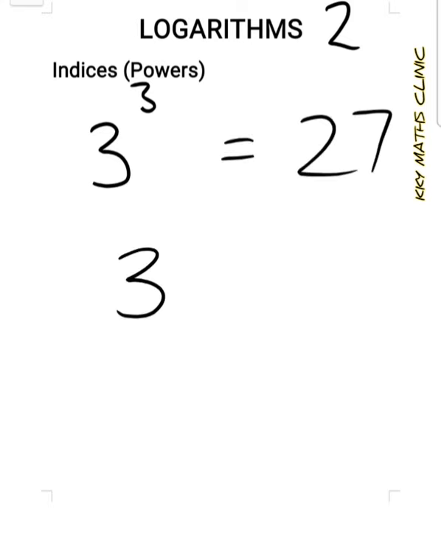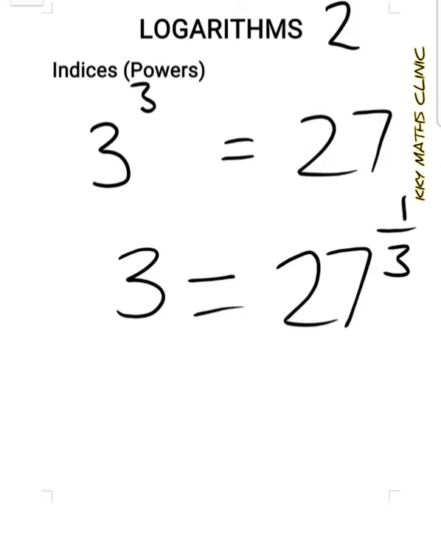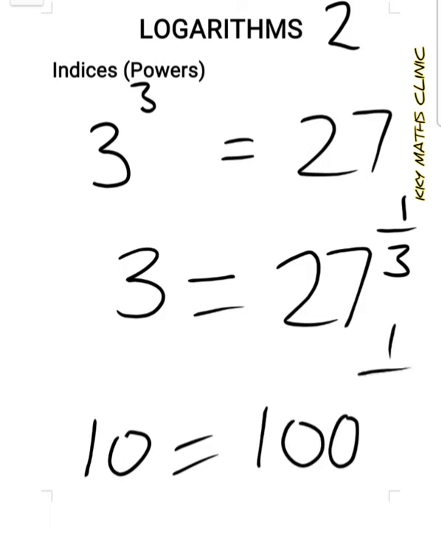So 3 itself is the same thing as 27 raised to the power of 1 over 3. Just like 10 is the same thing as 100 raised to the power of 1 over 2. That's something to remind you of what you did on indices so we can move forward with today's work. Please come with me.